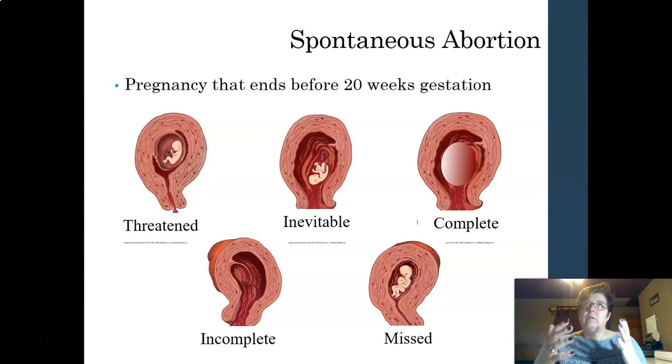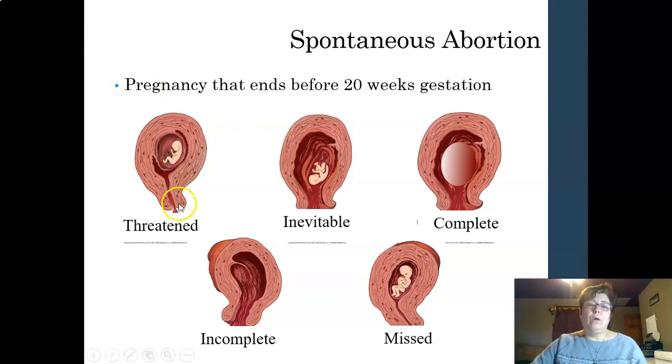If it's in the second trimester, 13, 14 weeks and on, then it may look like a very tiny infant, okay? Kind of like what you see here. But it would be very small, like it would just fit in the palm of my hand, and so they may recognize that tissue. So that's why the word tissue is used, okay?